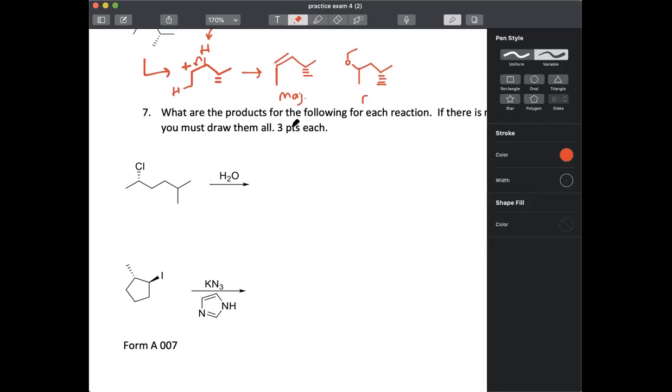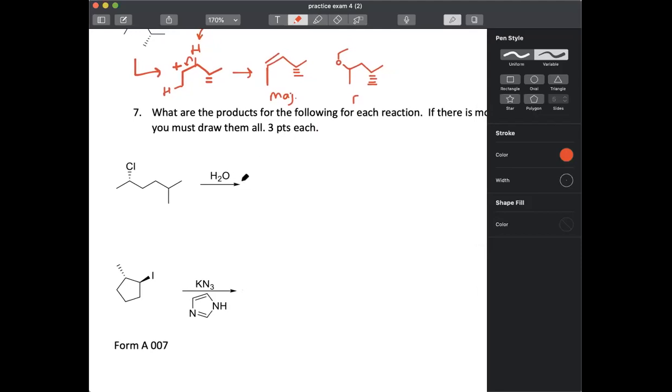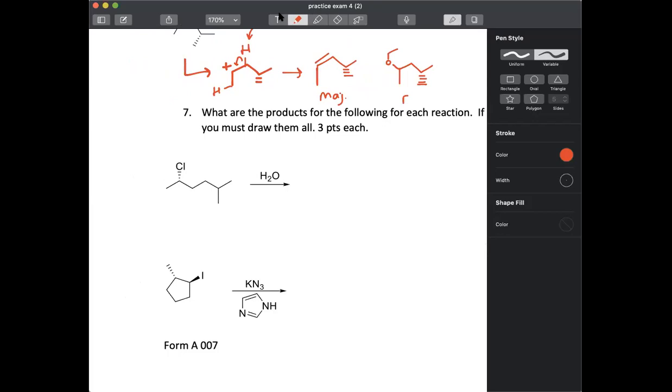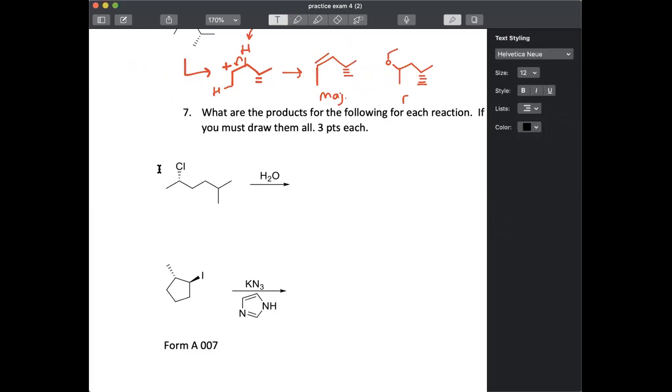All right, so the last one, we're just identifying the products, okay? So once again, what pathway is this going to go through? Yeah, the same one that we did before, right? So when it's a secondary, and we have a poor nucleophile, that's the one you want, okay?